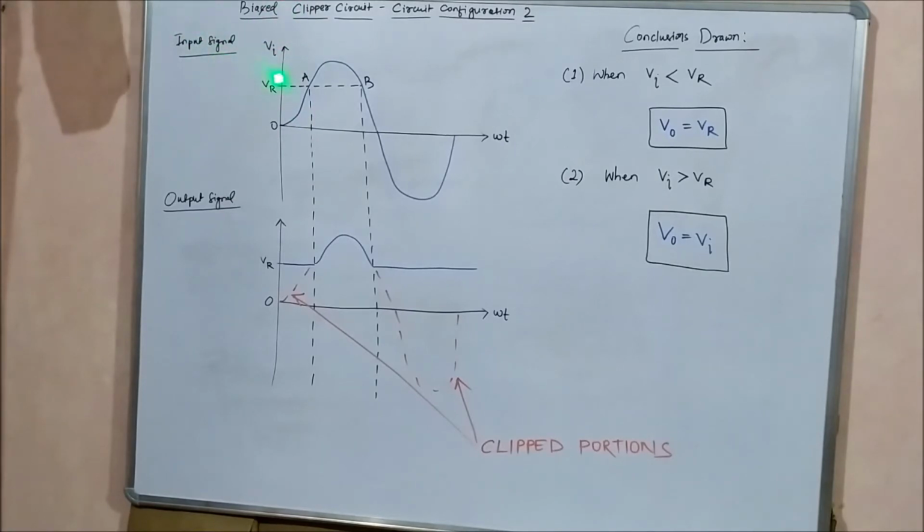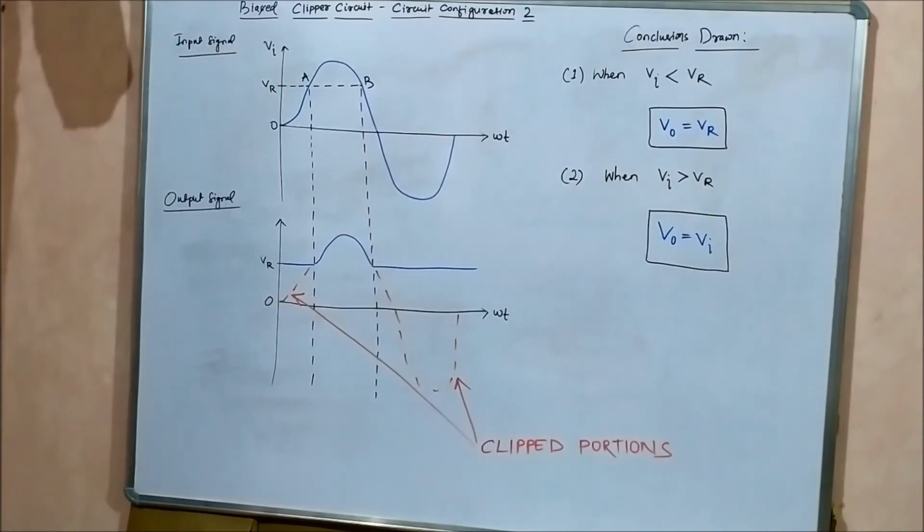This is the input signal, a normal sinusoidal signal consisting of both positive and negative half cycles. In this input signal, the important thing to notice is this reference voltage. It is a constant value, this DC voltage, the reference voltage or the biasing voltage.